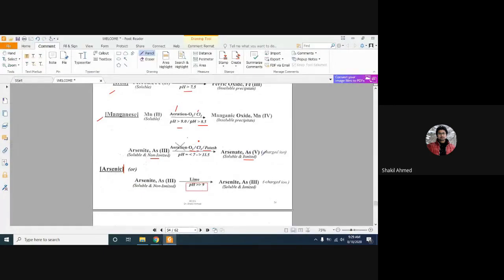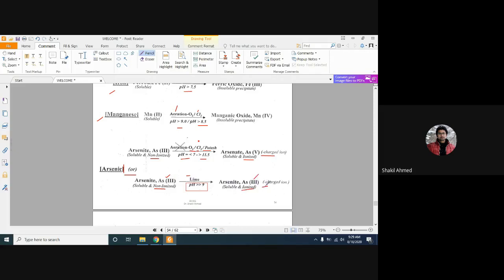And this pentavalent form, you can find it either in this pH range or this pH range. Or in case of arsenic, you can also use lime, calcium oxide or calcium hydroxide to convert this non-ionized trivalent to ionized trivalent.